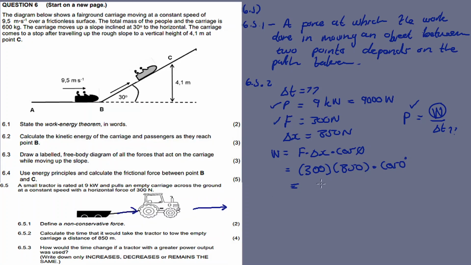Answer: 255,000 joules. Therefore, power, 9,000, is equal to work done, 255,000, divided by T over 1. Cross multiply: T equals 255,000 divided by 9,000.